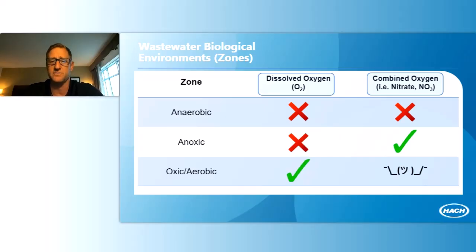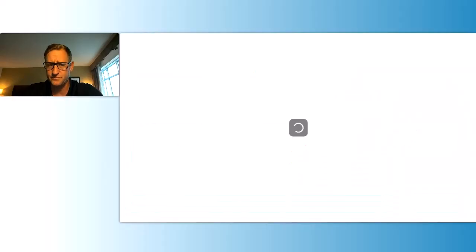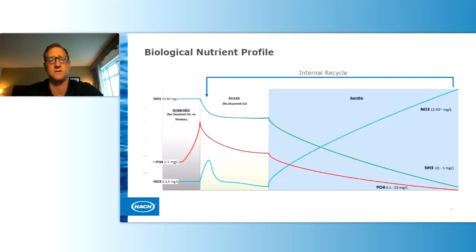It doesn't really matter from a biological perspective. These organisms will go after the easiest oxygen source available. So if oxygen is present, free oxygen, they will use that over combined forms. And so it's important to know this because when you are trying to achieve biological phosphorus removal, the anaerobic zone is key.